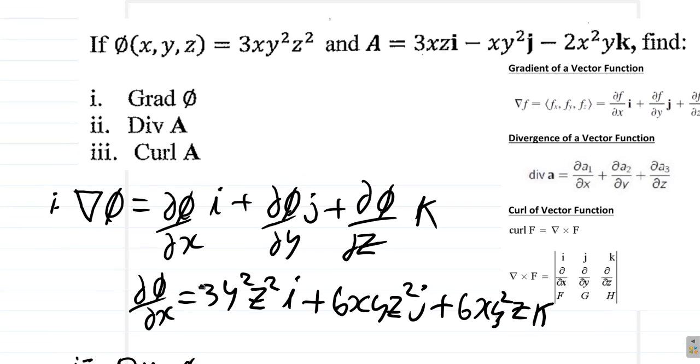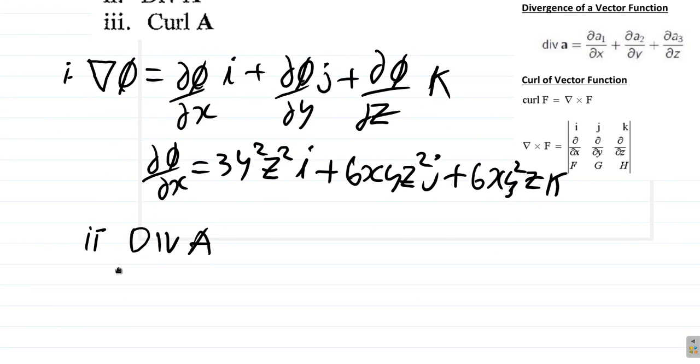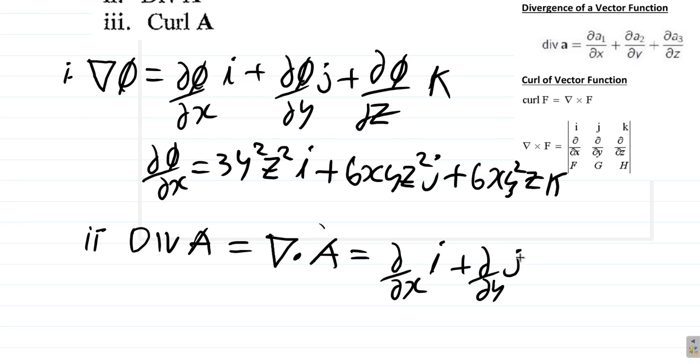Now we have a vector here, A. The divergence of a vector is going to be the dot product of grad and the vector A. Now grad itself is partial by partial x in the i direction plus partial by partial y in the j direction plus partial by partial z in the k direction. That itself cannot stand by itself. It has to work on something.